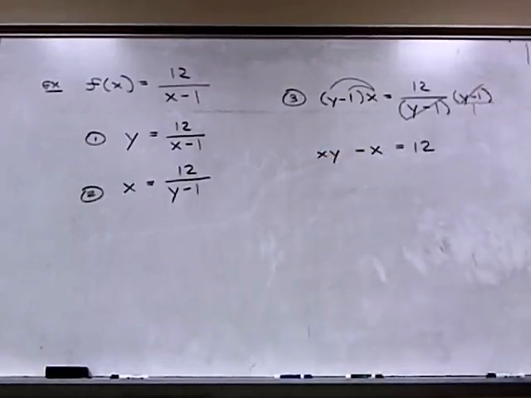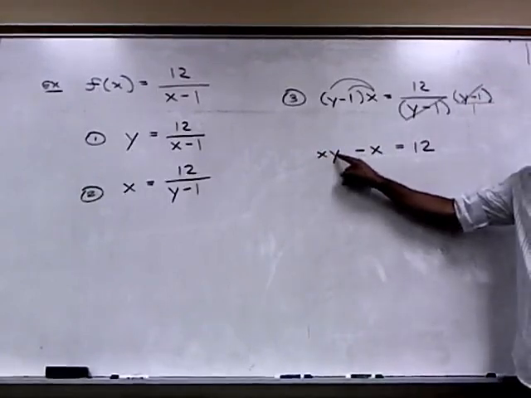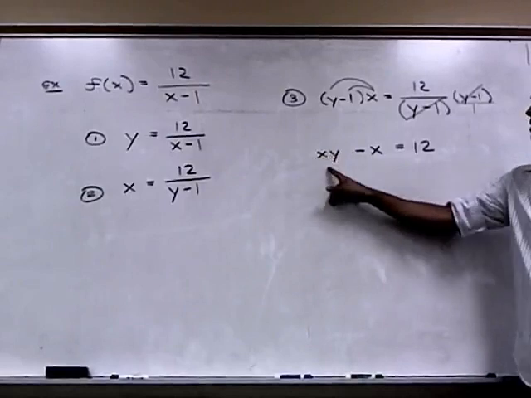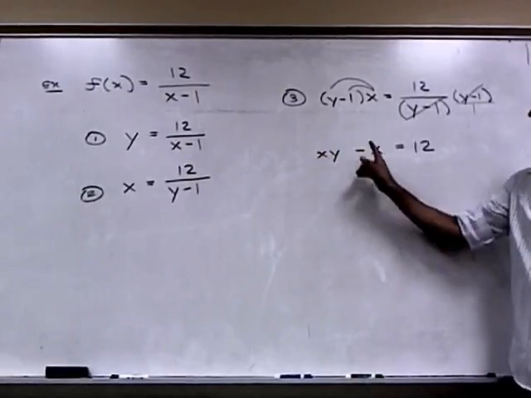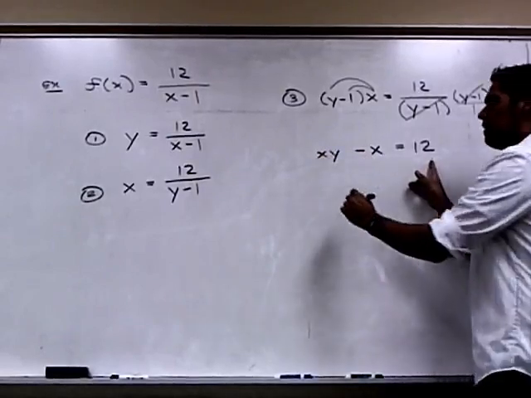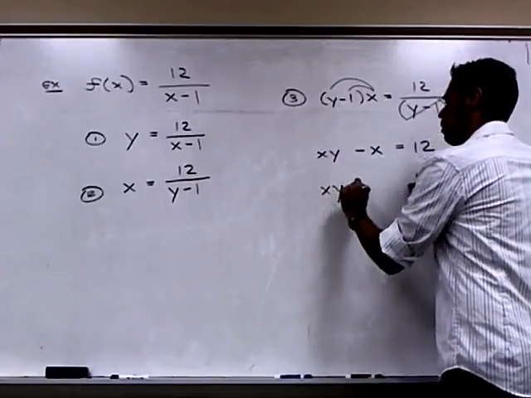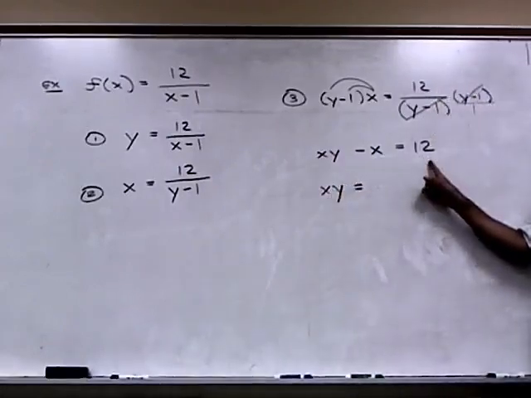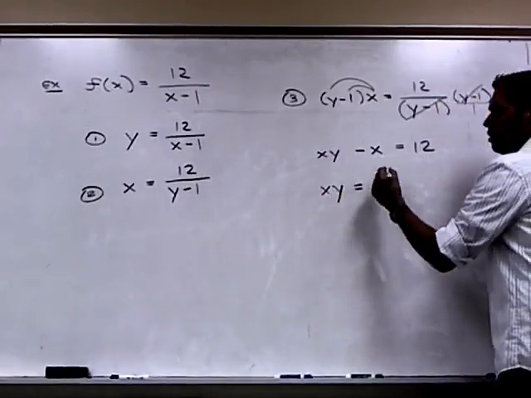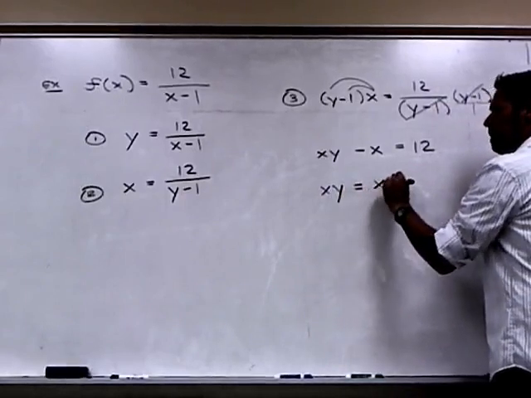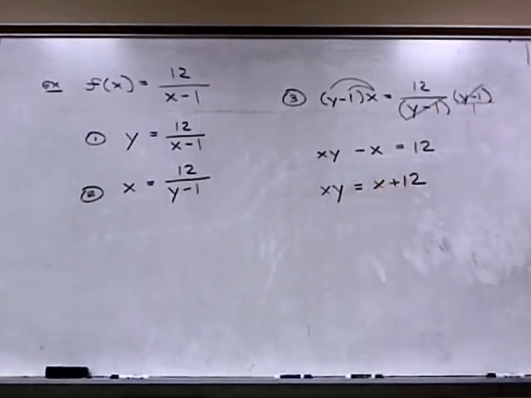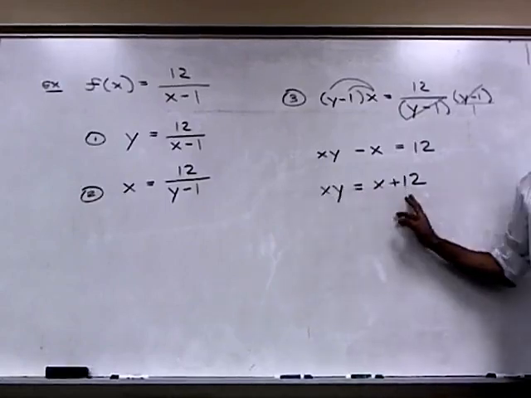What am I trying to solve for? Y. Here's y, right? Let's get this thing by itself. How can I get this by itself right now? Add the x to both sides. If I add x to both sides, what would I get on this side? x plus 12, or 12 plus x, either way, right? And then finally, to get y by itself, divide both sides by x.